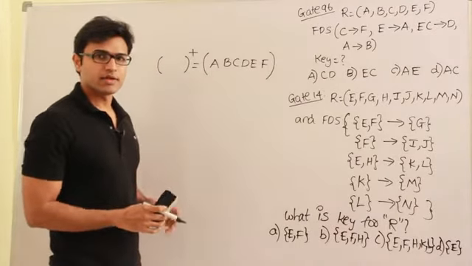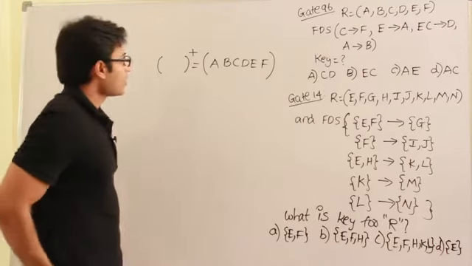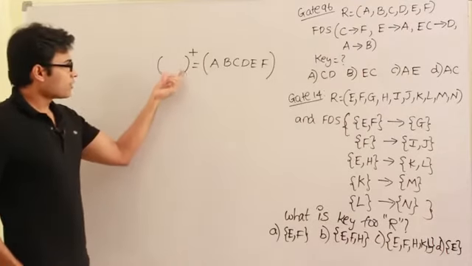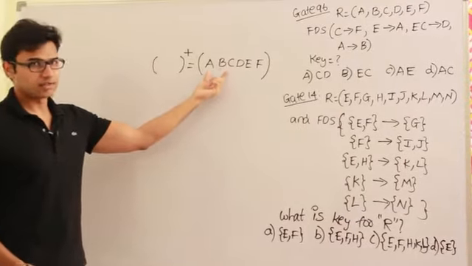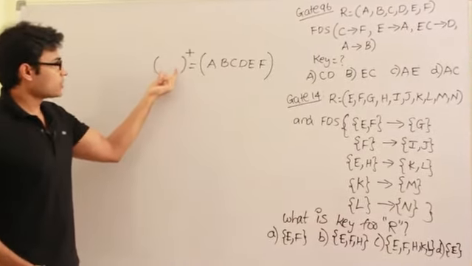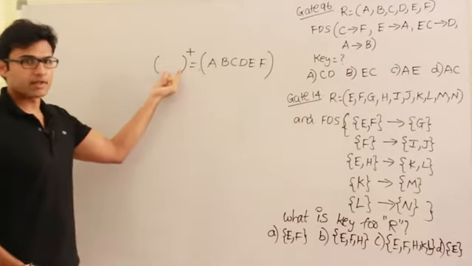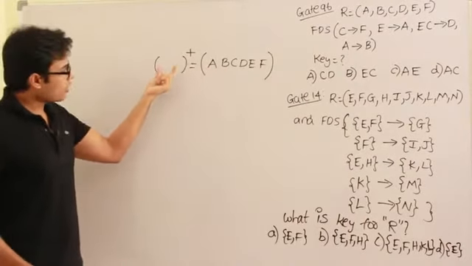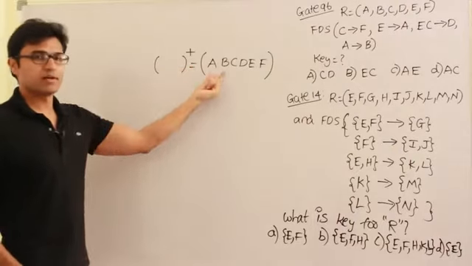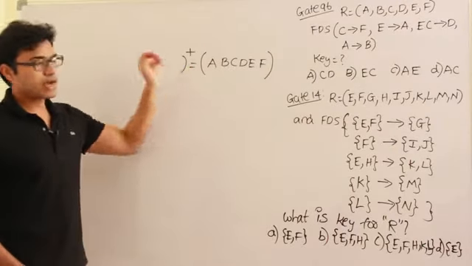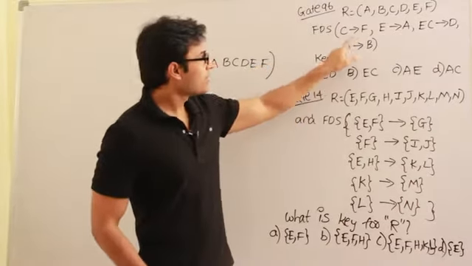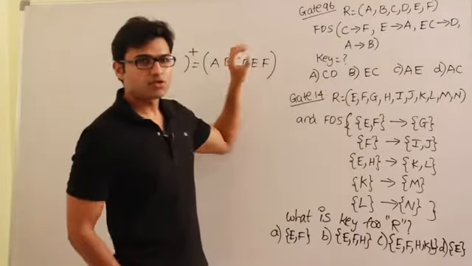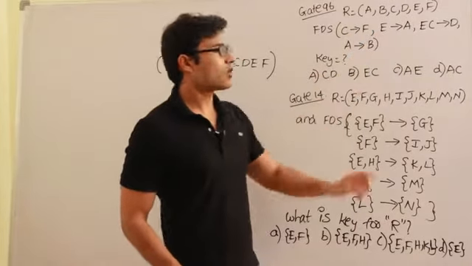So one thing is, whatever attributes are present on the left side, we are going to get all of them in the closure. Which means if I start out with, let us say, AB plus, then I'll definitely get AB here. Whatever is present here, I'll get here. That is one thing. And the remaining attributes all should come from the right hand side of the FDs.